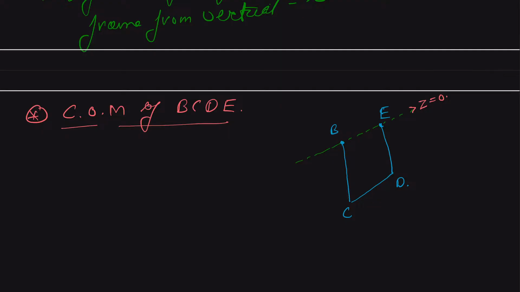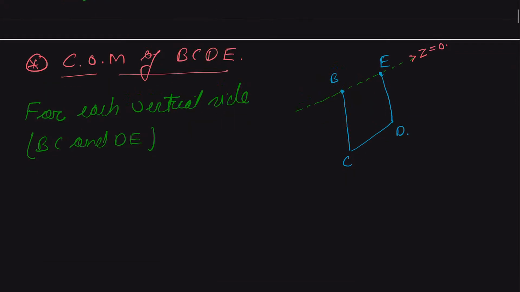So therefore we can write that for each vertical side, BC and DE, we can write its mass, and for the sake of convenience, let us introduce a unit mass, that is m, and we can easily calculate it based on this unit mass.